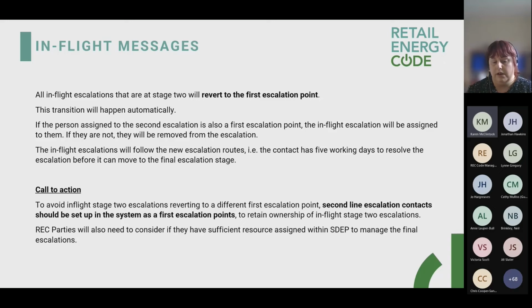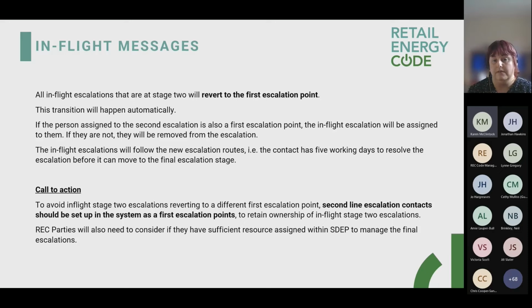So I think the key thing really is that there is a call out here to avoid any in-flight stage 2 escalations reverting to a different first stage escalation point. We'd be looking, when the changes are implemented, for any second line escalation contacts to be set up in the system as a first escalation point.